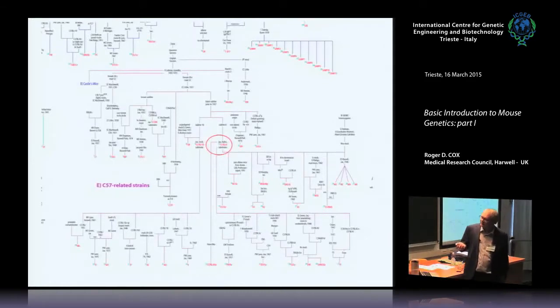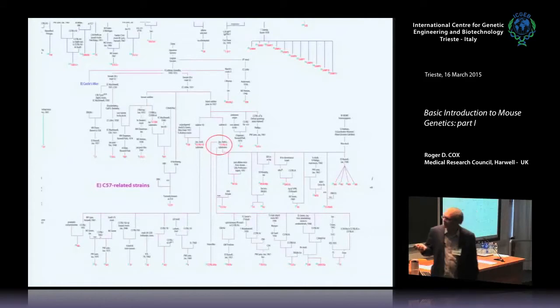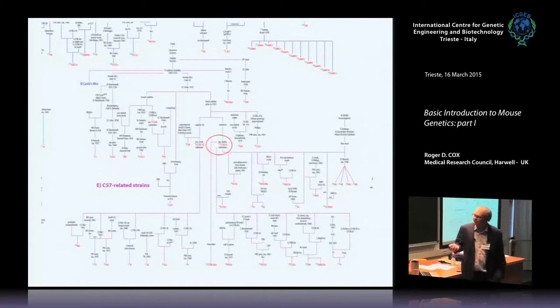And here's one of our favorite strains, C57 Black 6. And you can see how it's related to other C57 Black 6 strains around the world. It's a bit small, I know, but it shows you that it's quite a complex family history. So it's important when you're using mice to know what your strains are and what their name is, and to use their name.